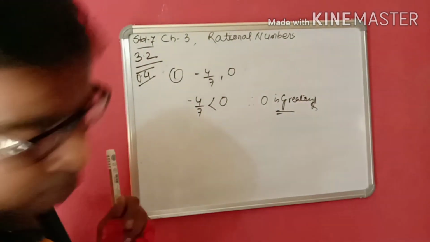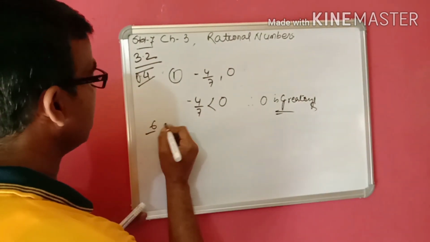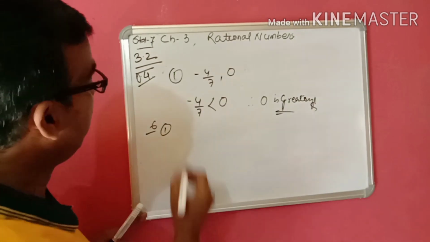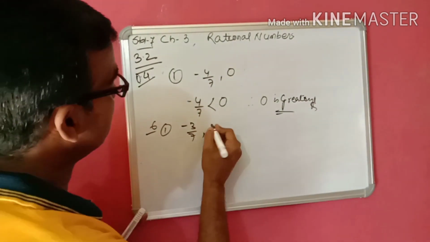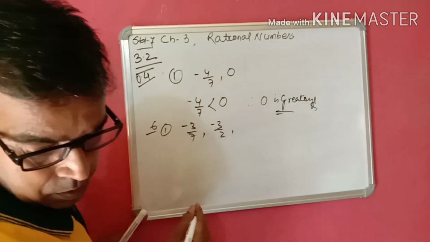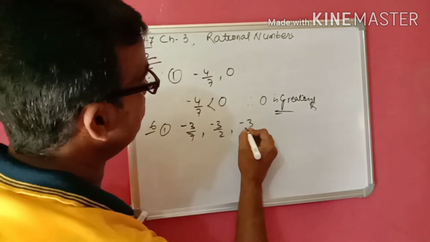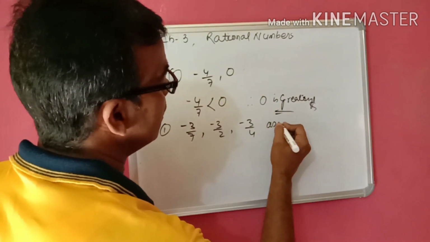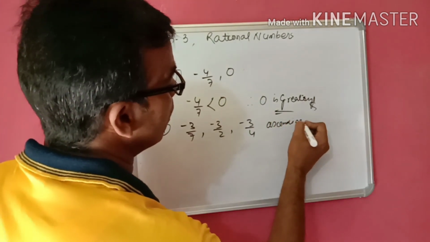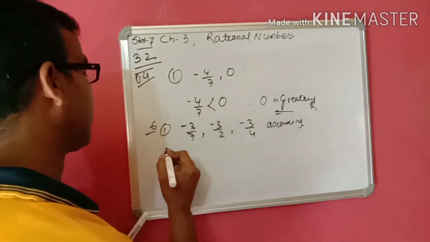Now question number 6. It is given: minus 3 by 7, minus 3 by 2, minus 3 by 4, arrange in ascending order. For that, first of all, we have to take the LCM.